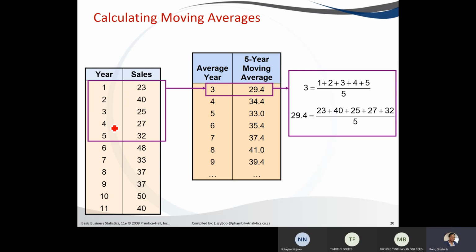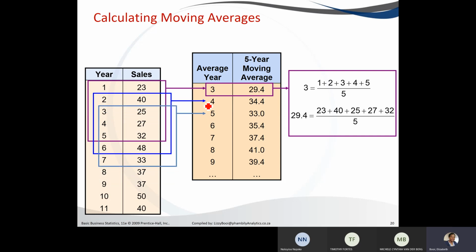And we do that with all the tables. So we plotted year 3, which has a 5-year moving average of 29.4, and we do the same. So we continue and do the next one, and we take 5 years, take the average of it, which will be 4, and then we take the average from 40 till 48, add them together, divide by 5, we get 34.4.